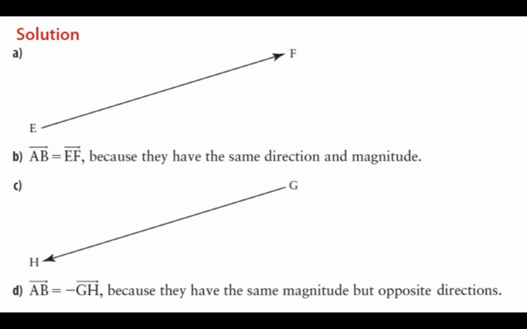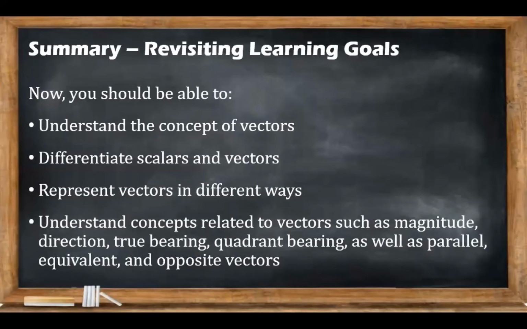Okay, so let's make a summary of today's lesson. Today is the first lesson of this chapter, which introduces the basic concepts related to vectors, scalars, and how we can represent vectors in different ways. Remember, we have mentioned 4 ways to represent the vector, right?